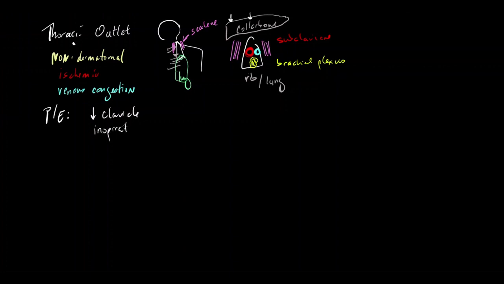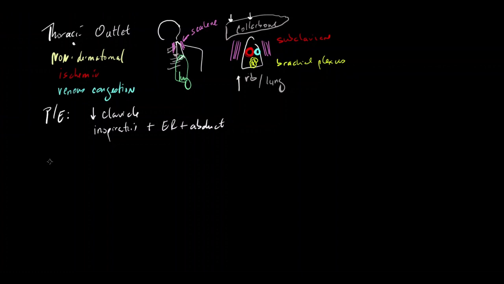So inspiration. At the same time, you are abducting their shoulder and externally rotating their shoulder. External rotation, plus abduction. If you imagine that is pushing upwards on the thoracic outlet, these maneuvers. And if you check their pulses, you check their symptoms, you check their venous congestion, if it reproduces those symptoms, that is a sign of a thoracic outlet syndrome.